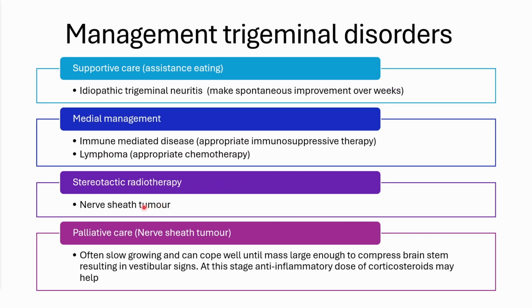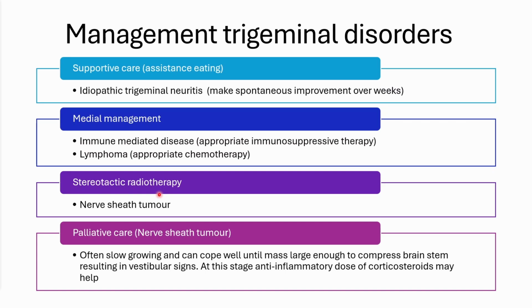Nerve sheath tumours, they are not chemosensitive, and I wouldn't recommend anything other than stereotactic radiotherapy for them. They're not particularly radiosensitive, again, in my experience, and I certainly wouldn't do a hyperfractionated radiotherapy for those. Those are the cases that I've seen the most side effects from radiotherapy.